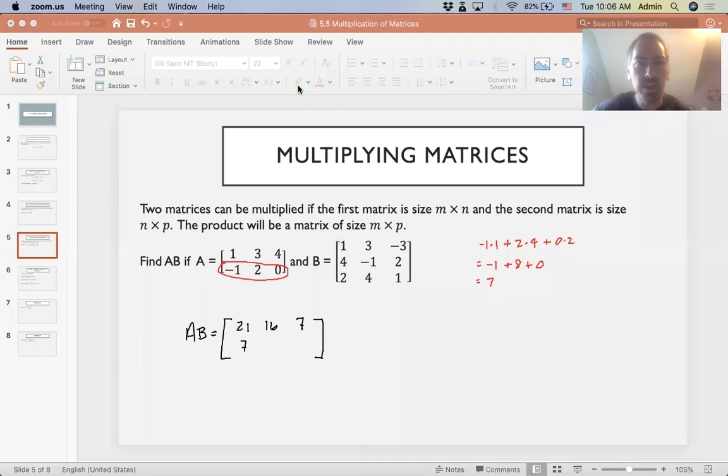And now we'll do the same thing with column 2. -1 times 3 plus 2 times -1 plus 0 times 4, which is -3 plus -2 plus 0, that will be -5.